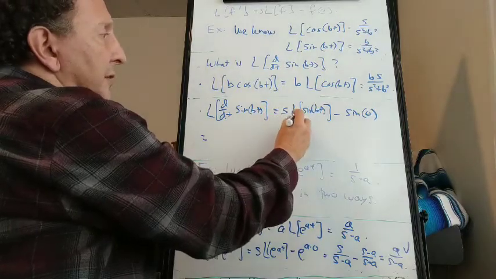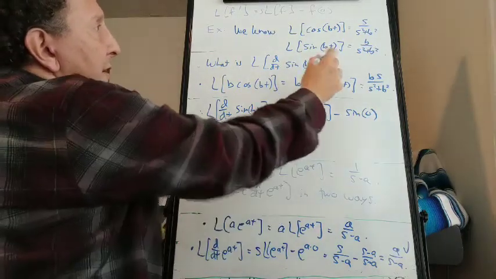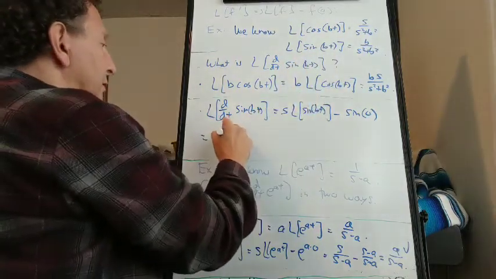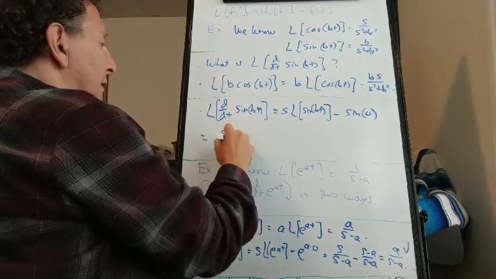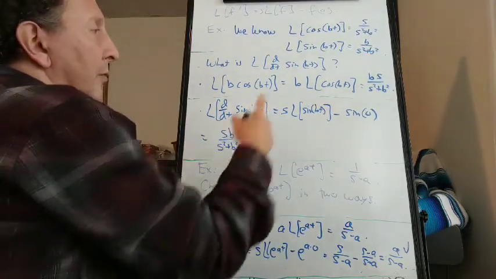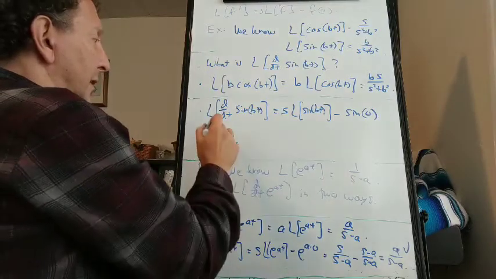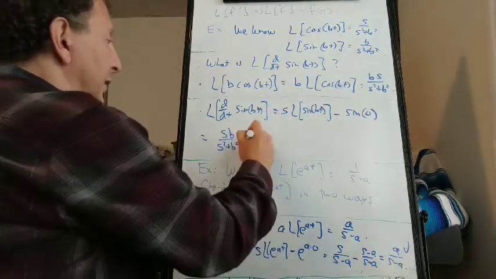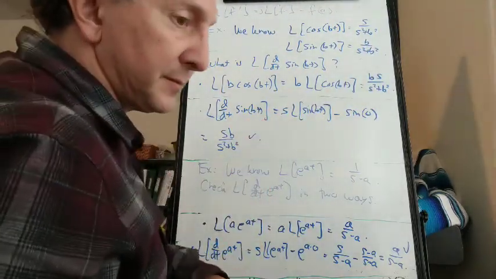So s times the Laplace transform of sine, which is b over s squared plus b squared, minus 0, so this is it. And of course s b and b s are the same thing, so we get the same answer.